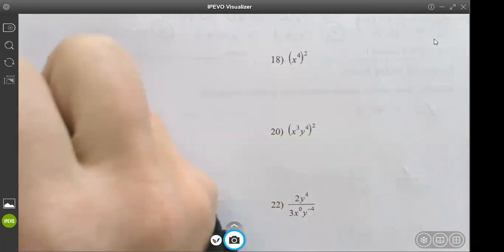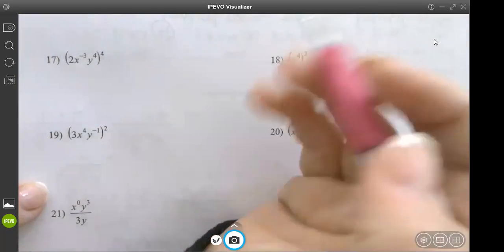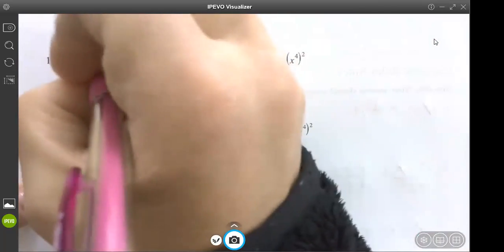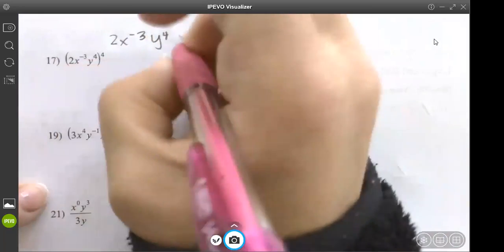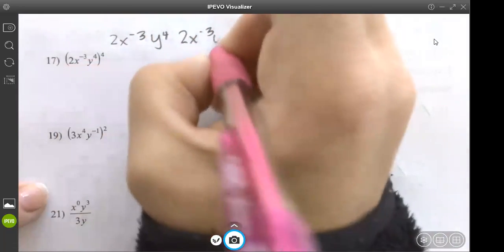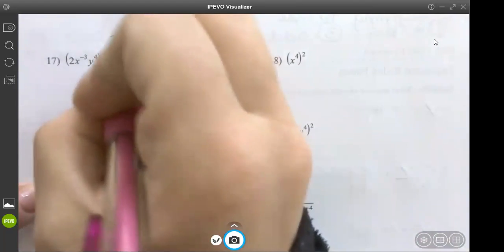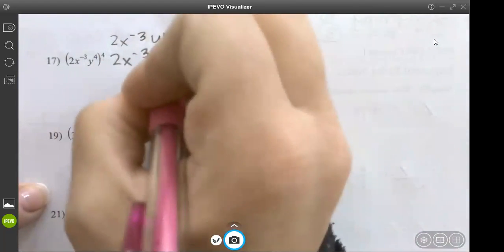This says write it 4 times. You can either write it out 4 times, it doesn't matter. So 2x to the negative 3, y to the 4th, 2x to the negative 3, y to the 4th, 2x to the negative 3, y to the 4th.